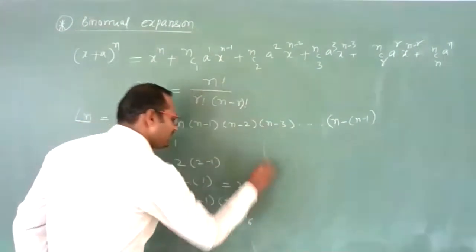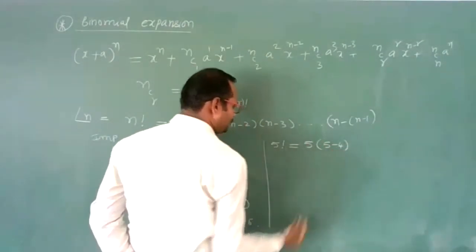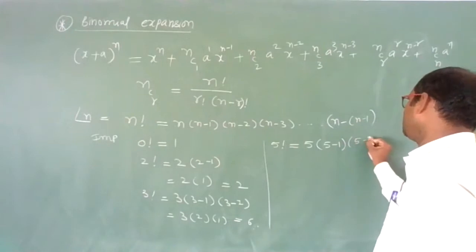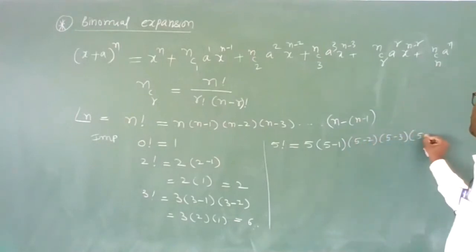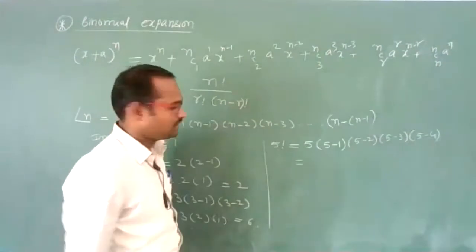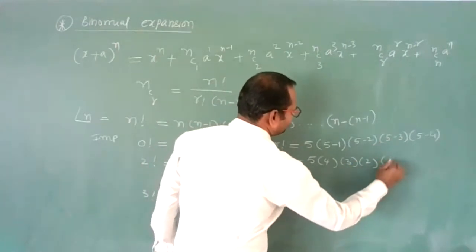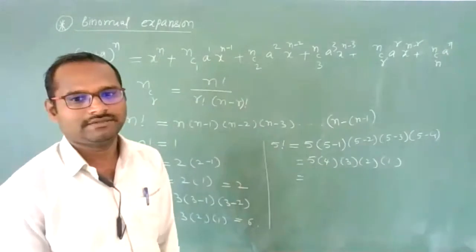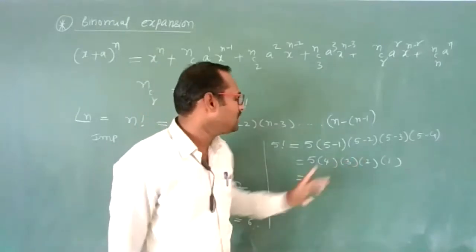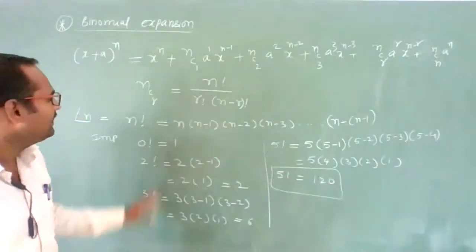Or if you want the 5 factorial value, you can write 5 into 5 minus 1 into 5 minus 2 into 5 minus 3 into 5 minus 4. 5 minus 5 you should not take as the last value. 5, 4, 3, 2, 1. So 5 4s are 20, 20 3s are 60, 60 2s are 120. 5 factorial value is 120. That is the meaning of n factorial.